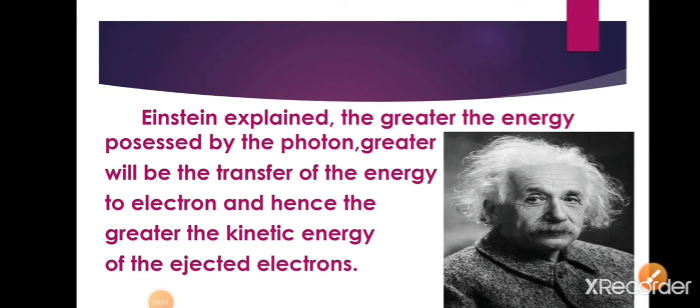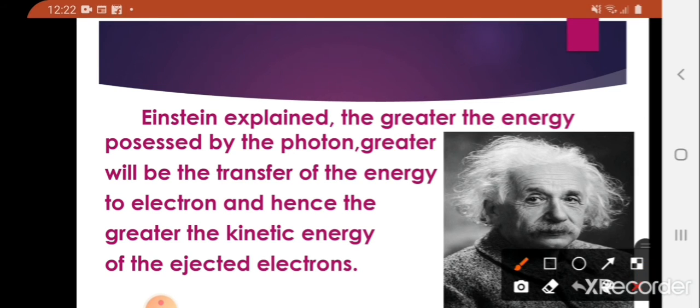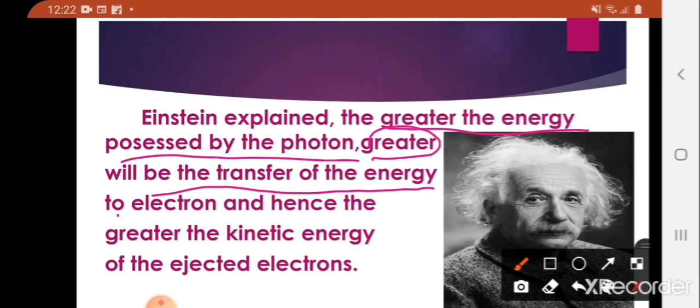This observation of the photoelectric effect was explained by Einstein in 1905. He explained it using Planck's quantum theory of electromagnetic radiation. Einstein explained that the greater the energy possessed by the photon, the greater will be the transfer of energy to the electron.